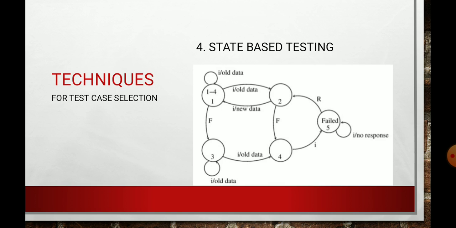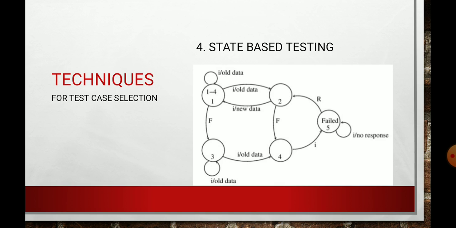In other words, the behavior and outputs of the system depend not only on the inputs provided but also on the state of the system. The state of the system depends on the past inputs the system has received. A state model for a system has four components.